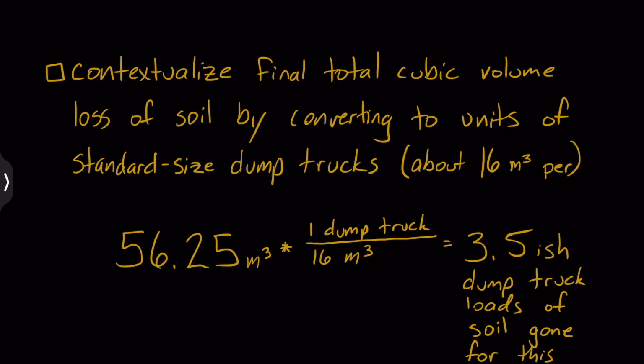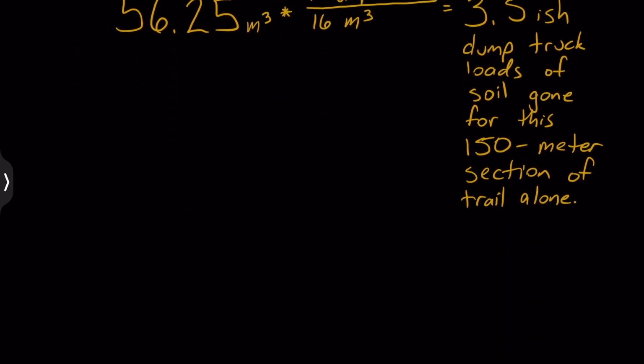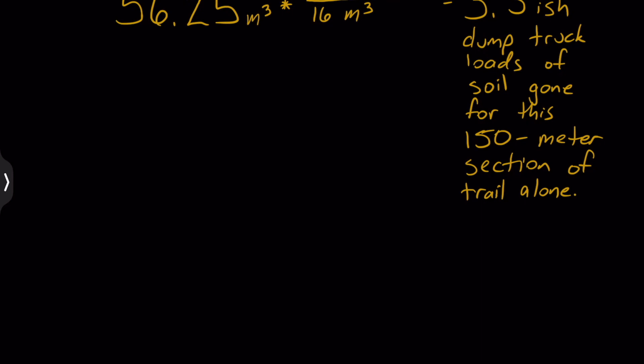For this one section of trail that's 150 meters long, not particularly long, we could walk it in a minute or two, we'd have to bring in 3.5 whole dump trucks of soil, of fill material, to repatriate or refill this area. That is an absolutely insane amount of work, okay?